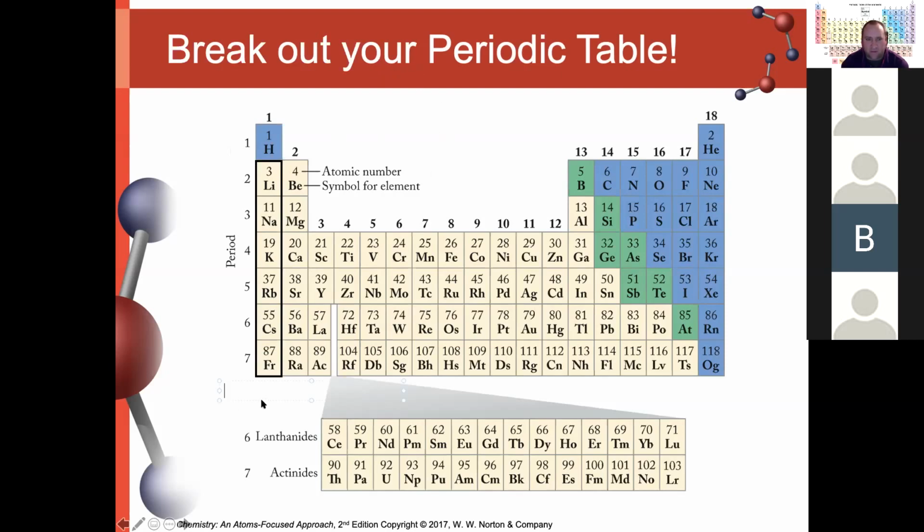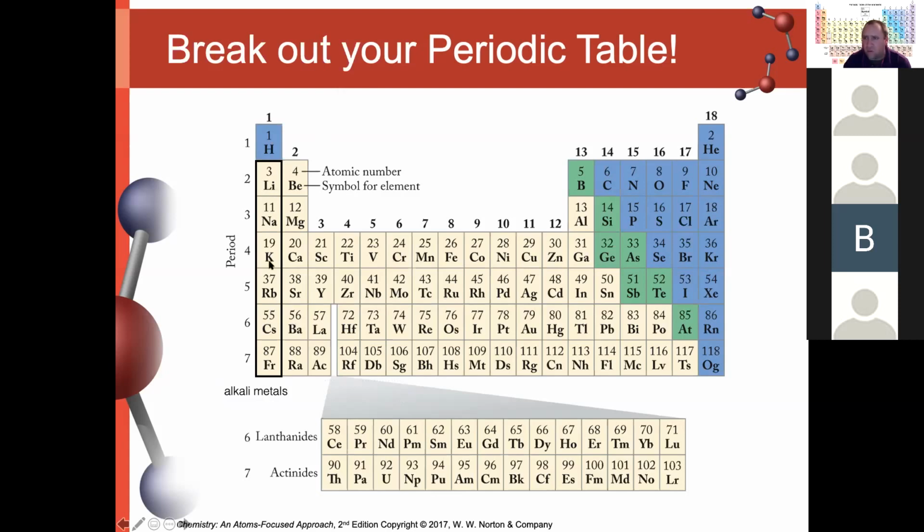The first of which is group 1, which technically starts with hydrogen, although hydrogen is not considered to be an alkali metal in the pure sense. But group 1 here, these are the alkali metals.